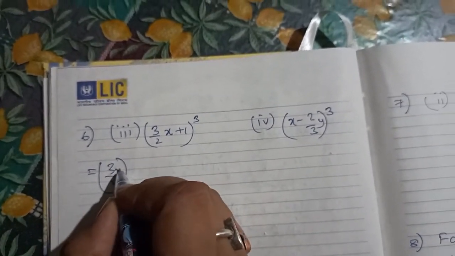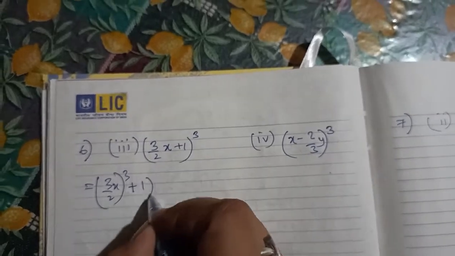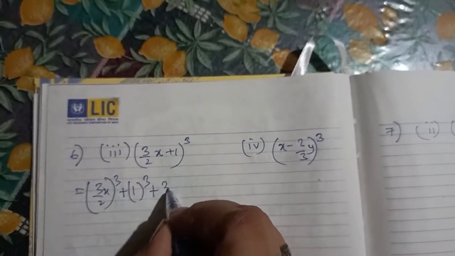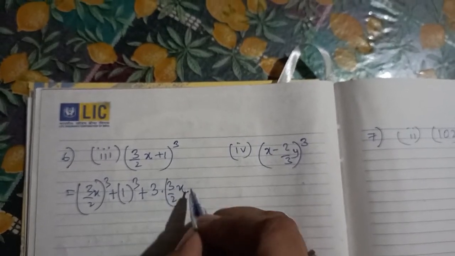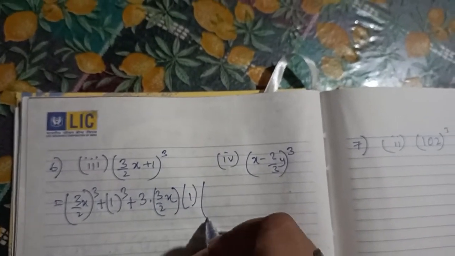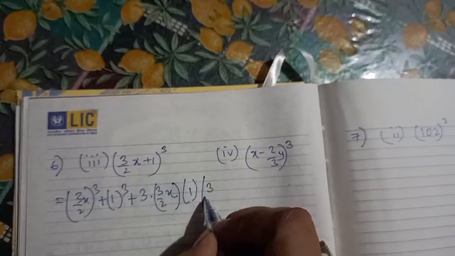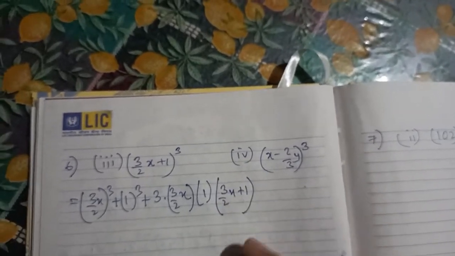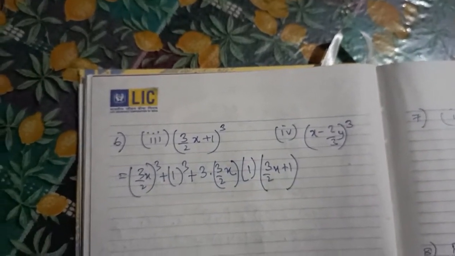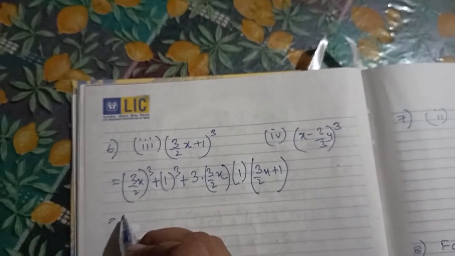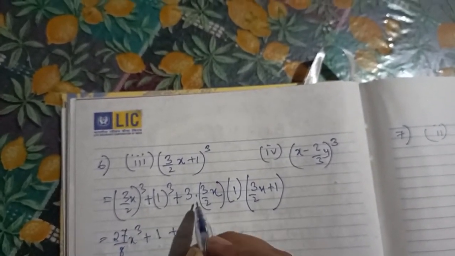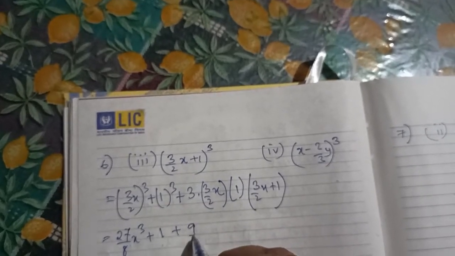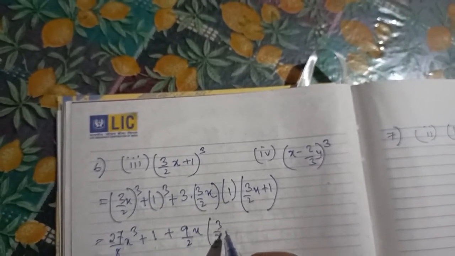That is a cube plus b cube plus 3 times of this into 1, and in the bracket we can write 3 by 2x plus 1, isn't it? So 3 cube is 27 by 8x cube plus 1 plus 9 by 2x in the bracket.